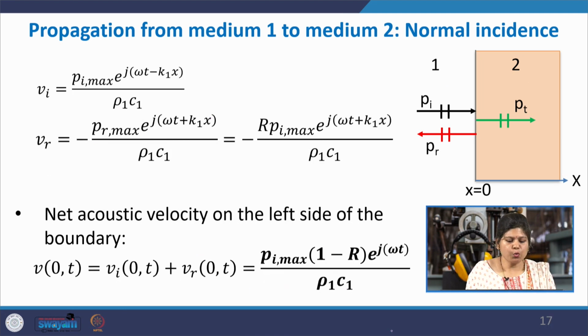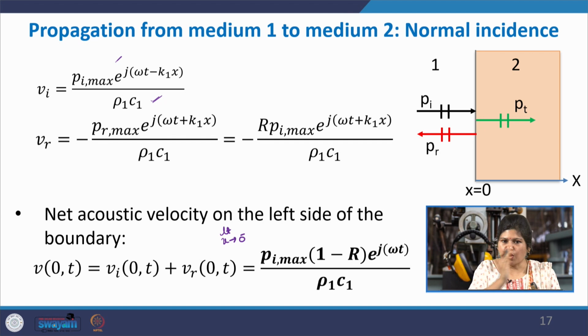Now we find out the net velocity just on the left side, in the limit x tends to 0 negative. So V_i, let us see the form, would be the pressure of the incident wave divided by rho_1 C_1. The plus and minus sign depends on the velocity, so you find the magnitude and see which way the particle velocity is.